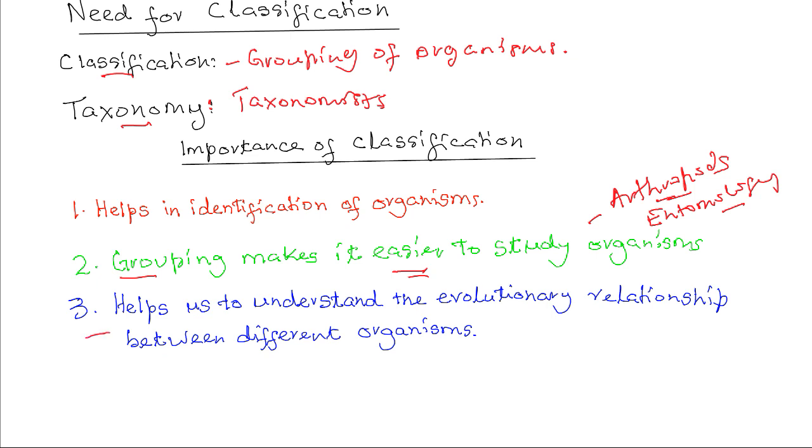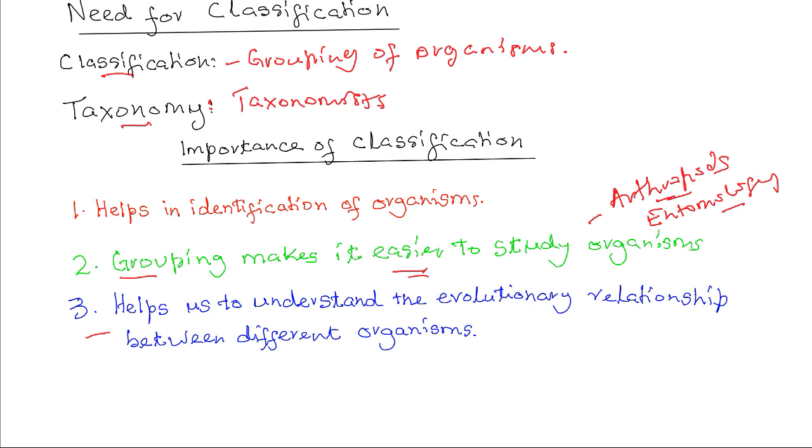A third reason for classification is that it helps us to understand the evolutionary relationship between different groups. For example, we are able to understand how we, the human beings, are related to the apes, or how the cattle are related to buffaloes.